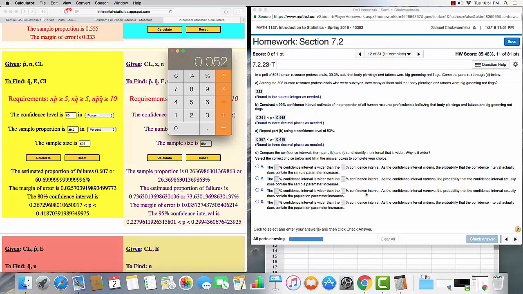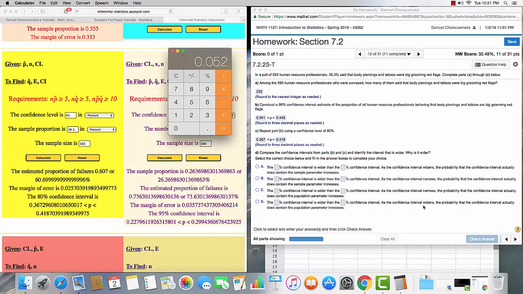Now, C, as the confidence interval narrows, the probability that the confidence interval actually does contain the population parameter increases. Well, narrows is not the right term for it.